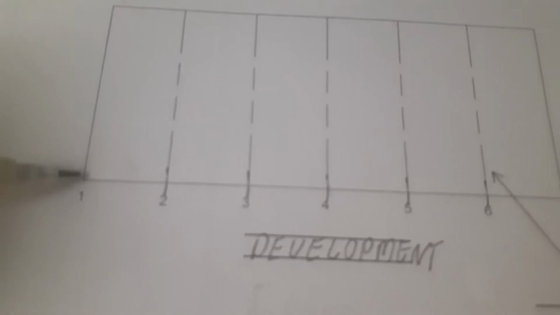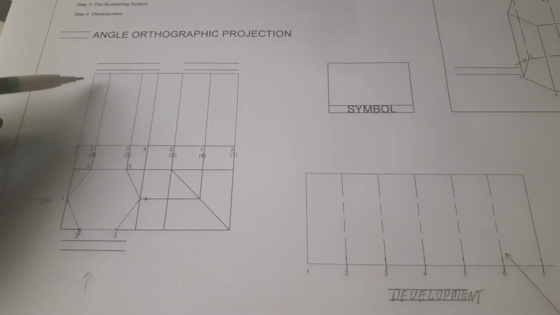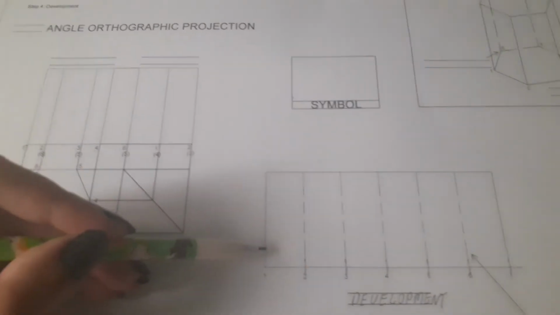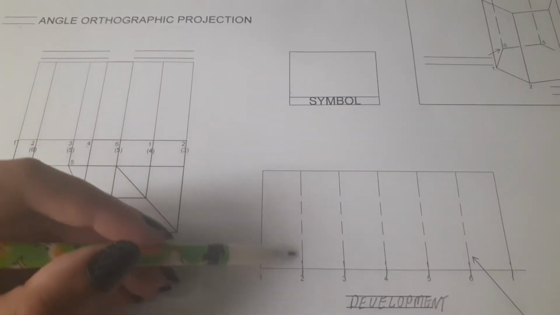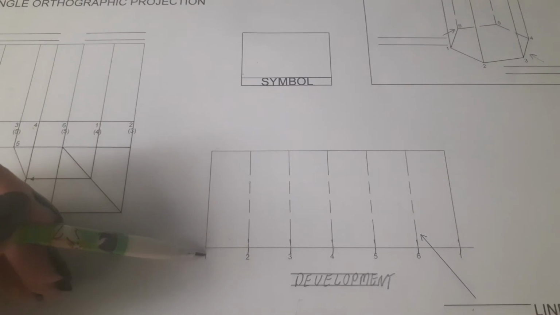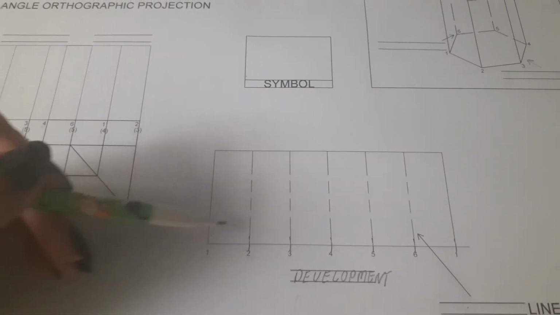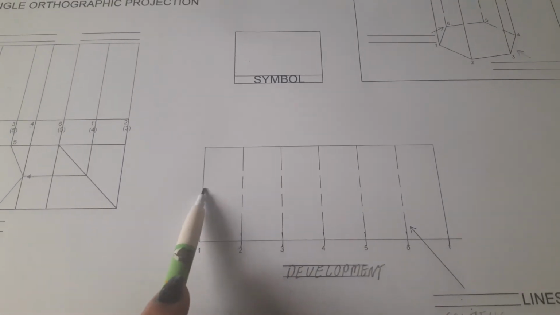Then from here, you're going to drop a vertical line, take this length, and drop it here, okay? Then you extend vertical lines from all the points. By the way, don't forget to put numbers here where you drew the arcs, okay? 1, 2, 3, 4, 5, 6, and 1 again, because 1 closes with 1, right?